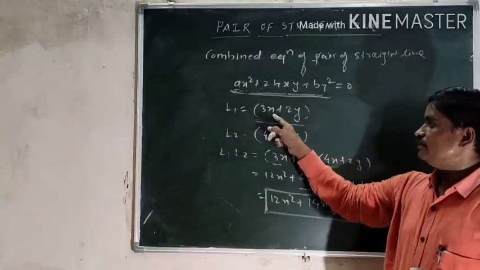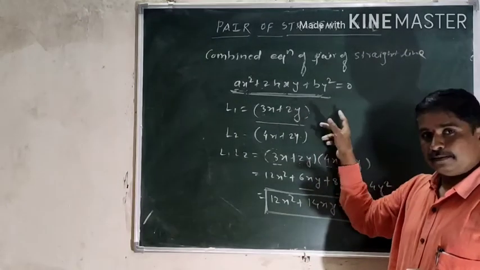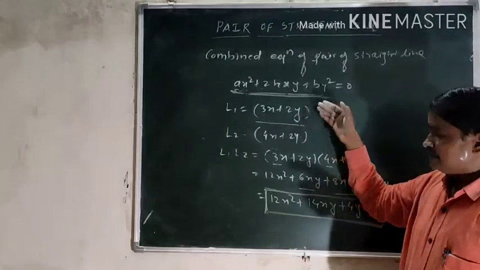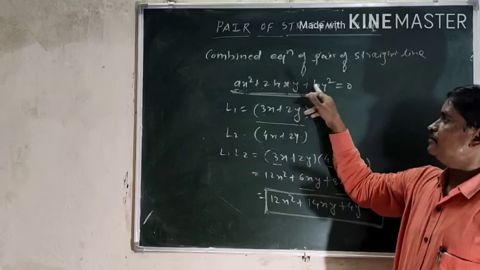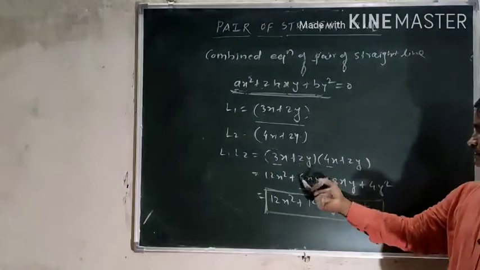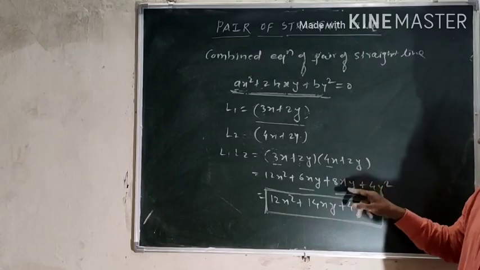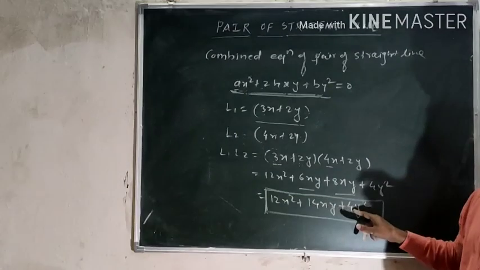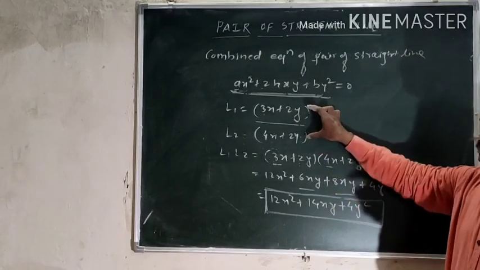Here c equals 0 for L1 and for L2, that means the lines are passing through the origin. Therefore the equation should be in the form of ax square plus 2hxy plus by square equals 0. If we multiply and add the like terms, 6xy plus 8xy is 14xy, and 2y into 2y is 4y square. So 12x square plus 14xy plus 4y square is the combined equation of these lines.